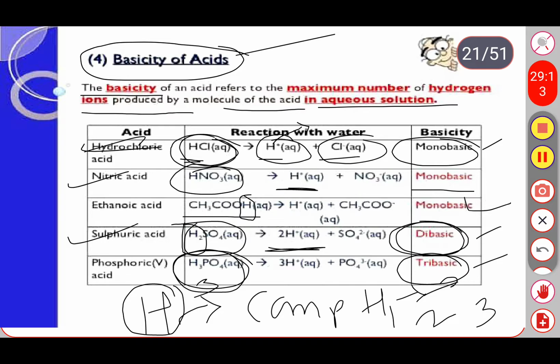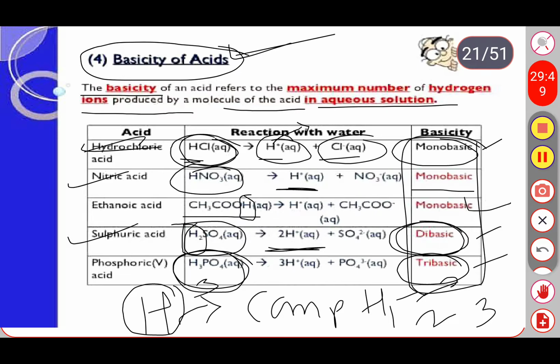So basicity of an acid is the number of hydrogen atoms present in the acidic compound, or the number of hydrogen ions produced when the acidic substance is dissolved in water. And basicity is classified on the basis of the number of hydrogen atoms present in the acidic compound.